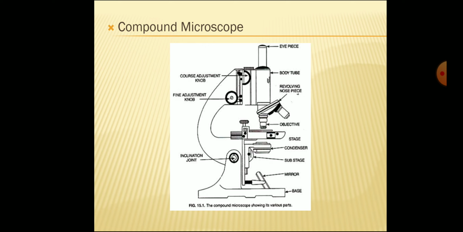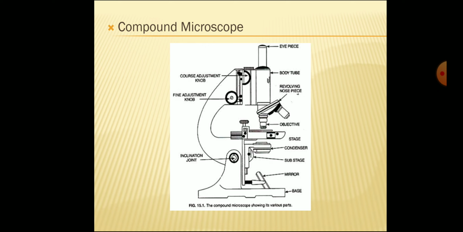Image formation in a compound microscope takes place as the object is placed just outside the principal focus of the objective lens, on which an inverted magnified image is formed. The magnified image acts as an object for the eye lens, and the final image is virtual and magnified still further.